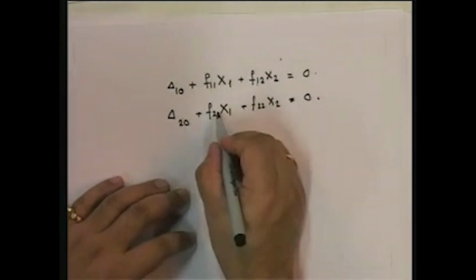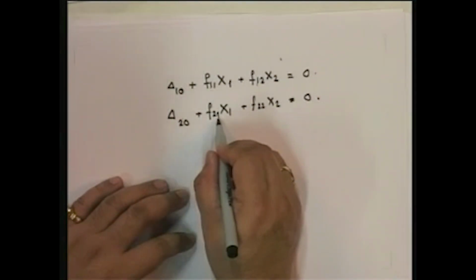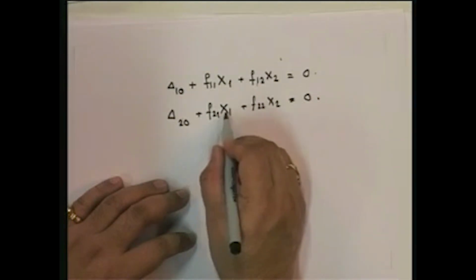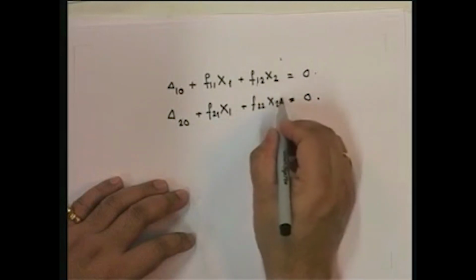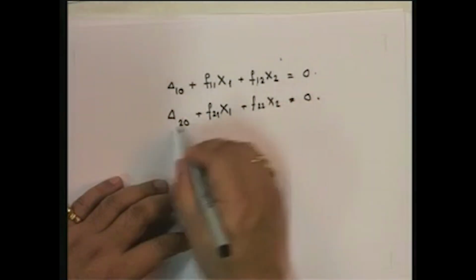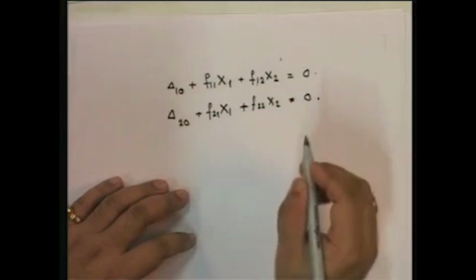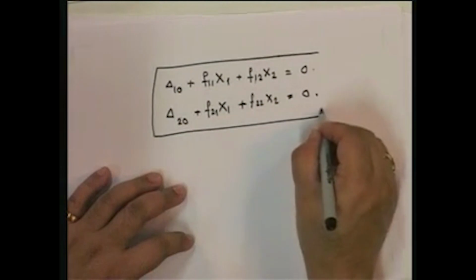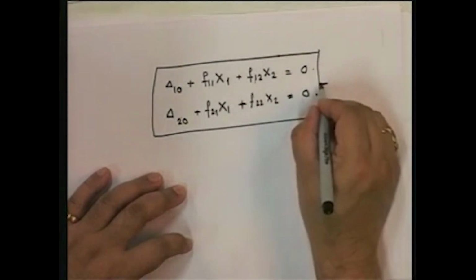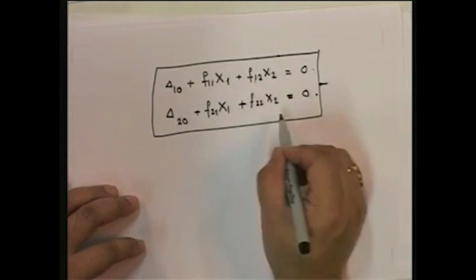This is the displacement at 2 due to x1, displacement at 2 due to x2, and displacement due to the loading; all of them together add up to 0. These are my compatibility conditions, and I can solve for them to get x1 and x2.